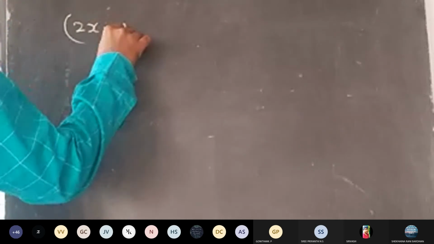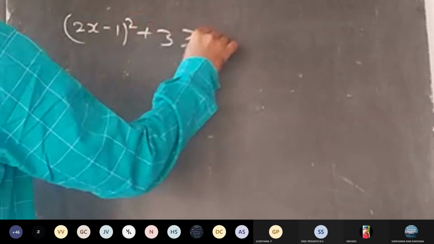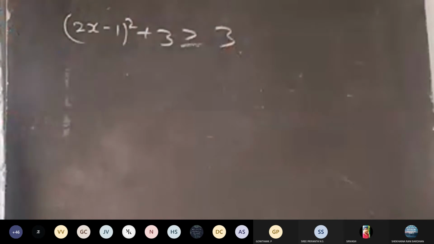Now here what is the condition? f of x greater than or equal to 0. Already you know the condition. So in this condition, (2x minus 1) whole square greater than or equal to 0. Both sides you can add plus 3. (2x minus 1) whole square plus 3 greater than or equal to plus 3.